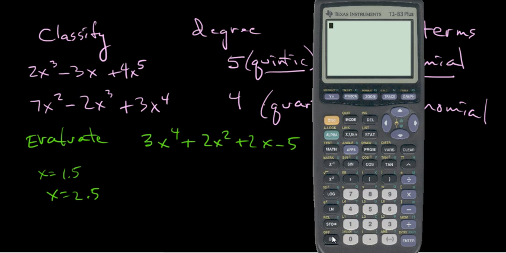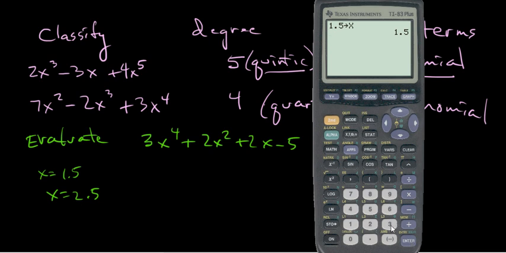You turn it on first, like that, okay? And you say 1.5, store. That's this little button in the lower left, right above the on button. Store, it gives you an arrow, as x. And then enter. Very important, you have to hit enter. So there's 1.5.